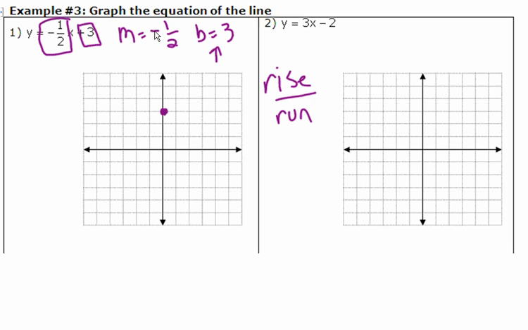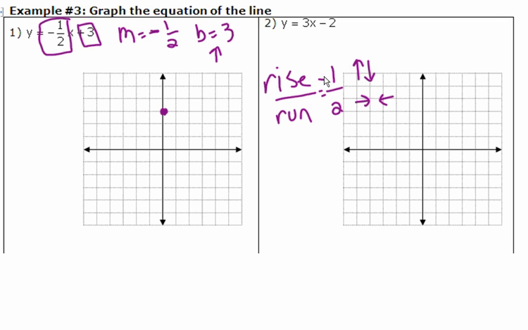This negative sign, we have one negative. I am going to put it with the top number always just to make it easier for us. So my rise is negative 1, my run is 2. Remember when we were finding slope from a graph, the rise you either go up or down, the run you go to the right or the left.